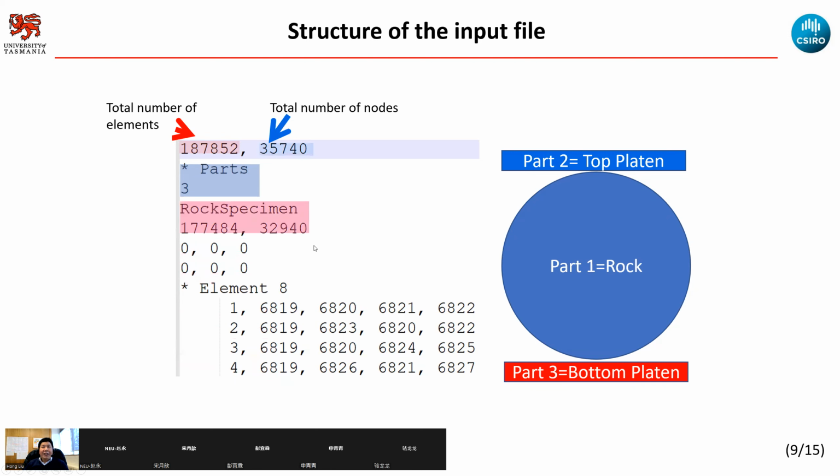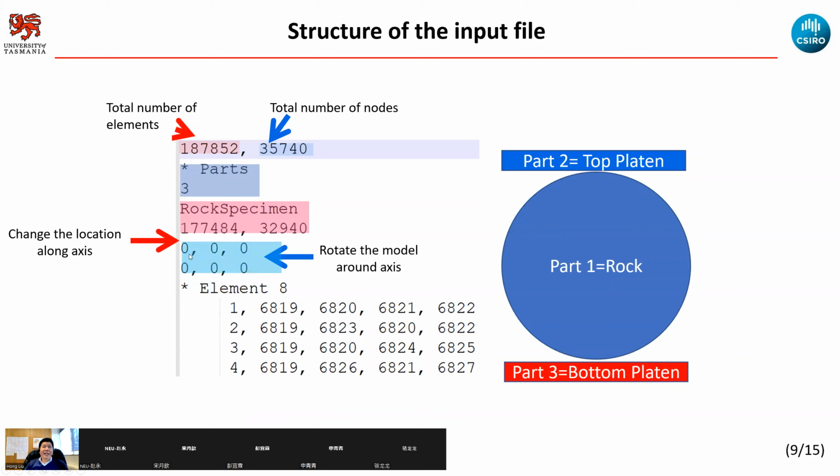Then after that, we show the first part, which is the rock. It does not matter what name you give here; you can call it the rock or the rock specimen. Then we have the number of elements and the number of nodes in this part. After that, we have the horizontal translation and the rotation, which follow what is in Abaqus.